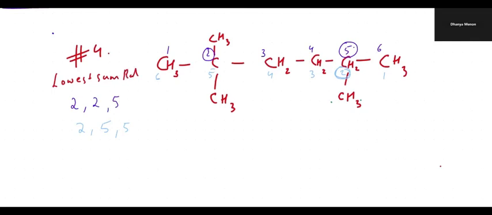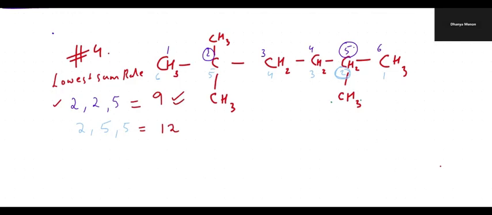You would add the positions. For example, if you see the first numbering, what is the sum of the positions? 9. If you see the second numbering, what is the sum of the positions? It is 12. So lowest sum rule means you will prefer the one where the sum of the positions is lesser.